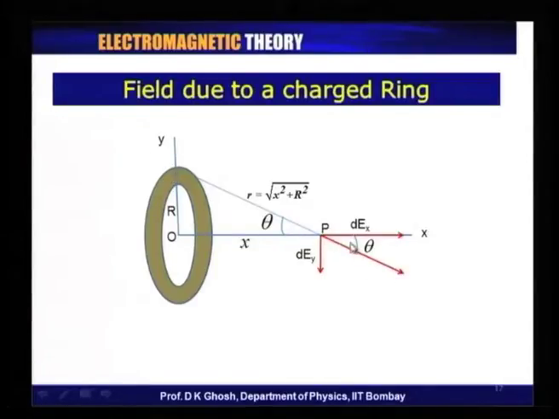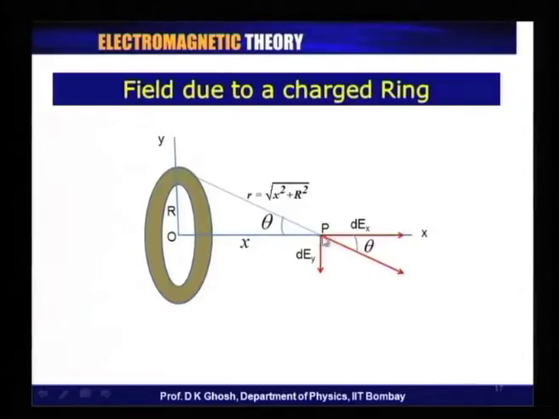The direction is shown by this red arrow. This distance, for any element, is equal to the square root of x square plus r square. And let us suppose this element is at an angle theta with respect to the geometry that has been shown.